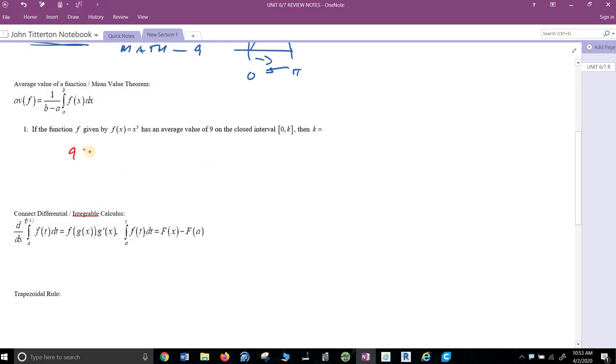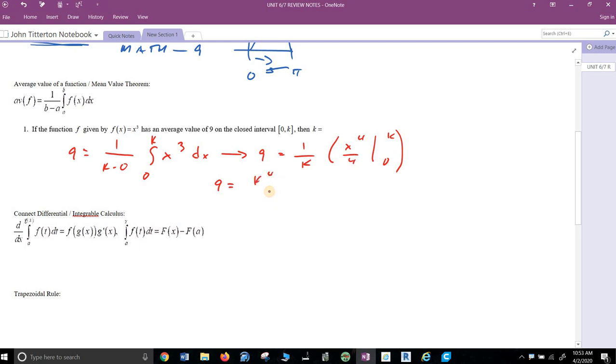So 9 equals 1 over k minus 0 times the integral of x to the third from 0 to k with respect to x. 9 equals 1 over k times x to the fourth over 4 from 0 to k. 9 equals k to the fourth over k times 4.